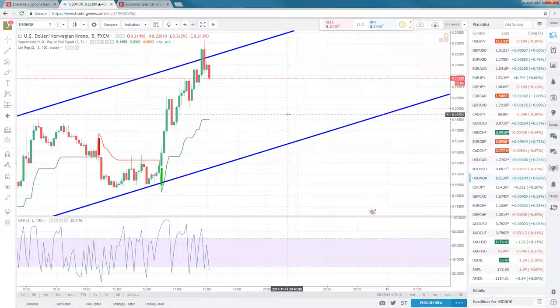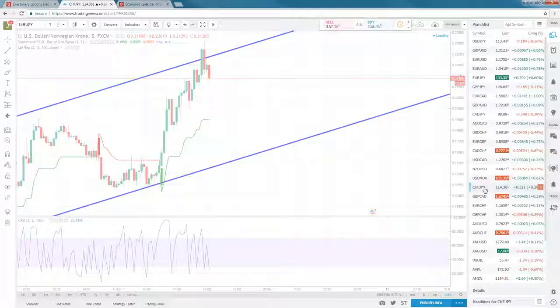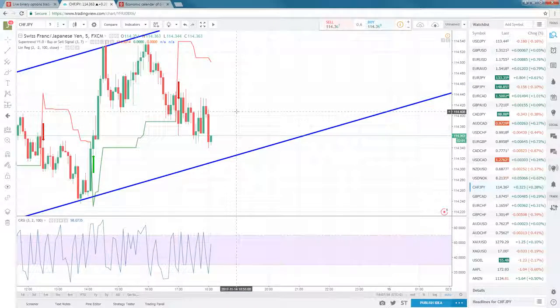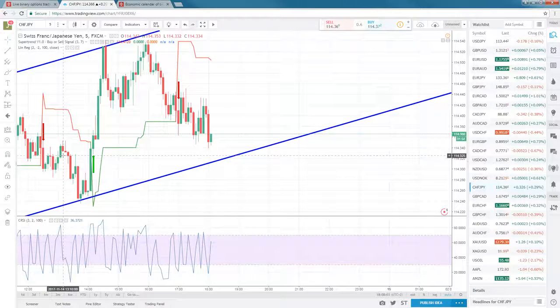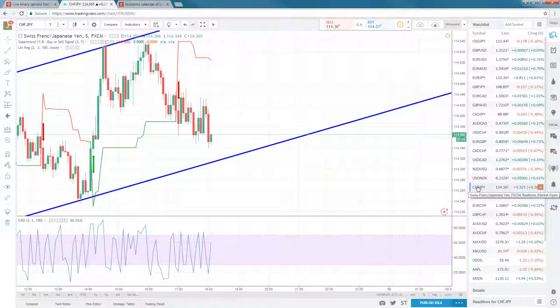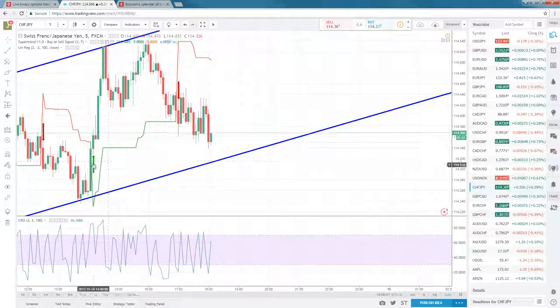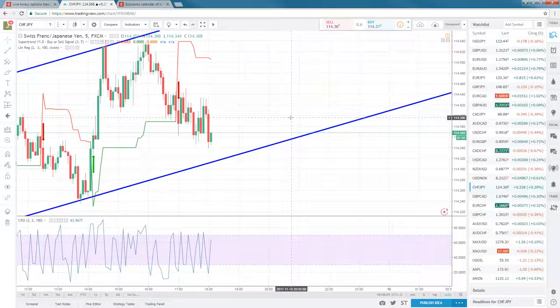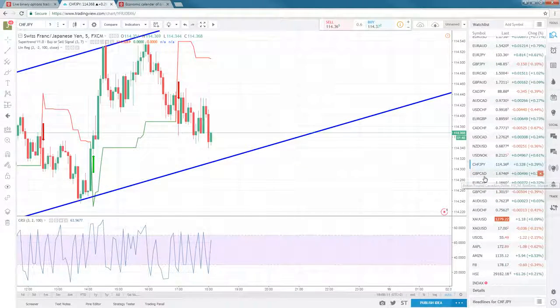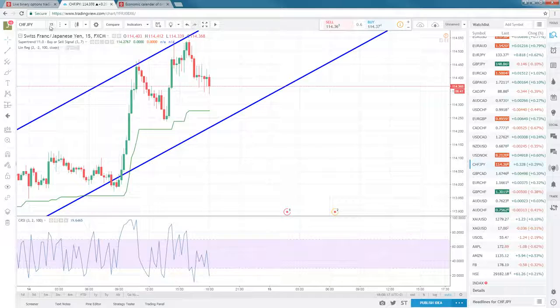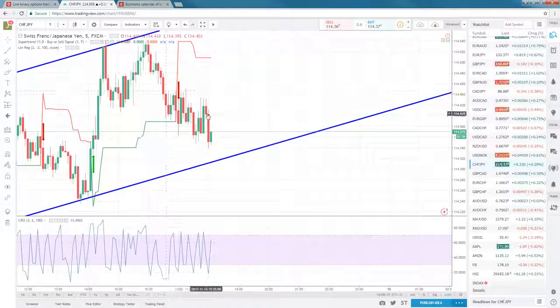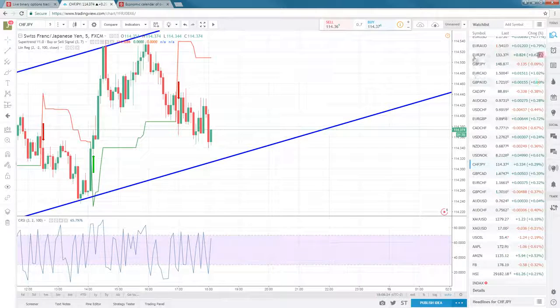Let's see, USD Norwegian krone, Swiss franc. Actually, we had really good opportunities of trading on the Swiss franc because yesterday it had a really good trend of going high, so we used this trend to win some money. Let's see what is the trend of price here. It is upward moving, and actually currently I can see a good time to trade.